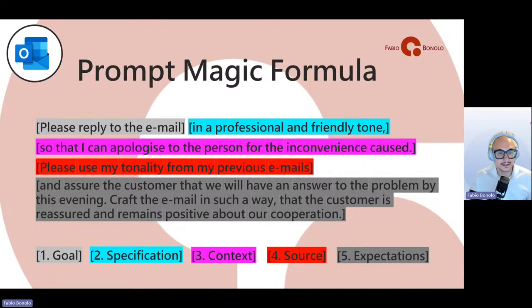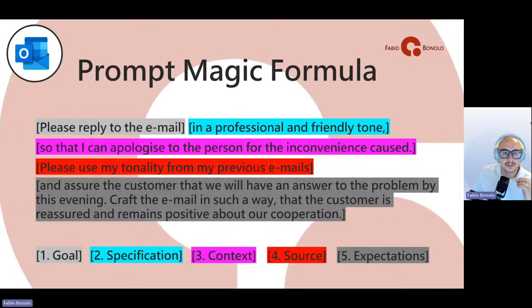Please use my tonality from my previous emails. So here, the source is not from Teams or SharePoint, because Copilot in Outlook has your sources directly in your emails. So it can use your way of writing, your tonality, etc. when generating an email. And you can specify that and label it as a source.